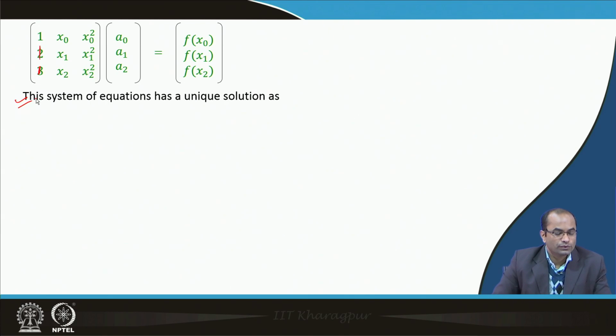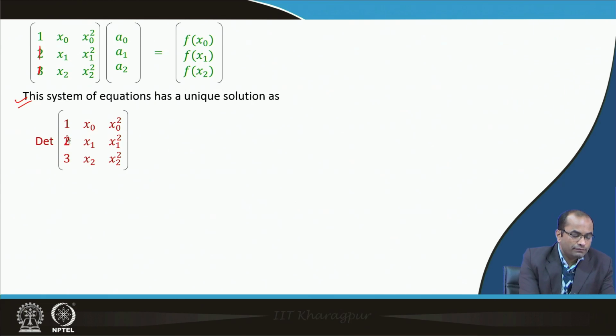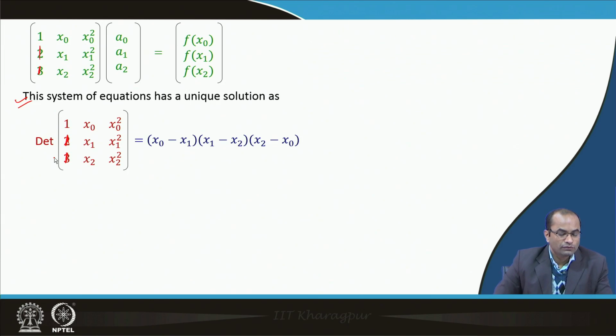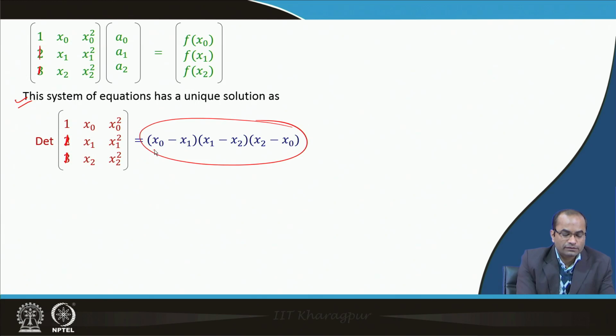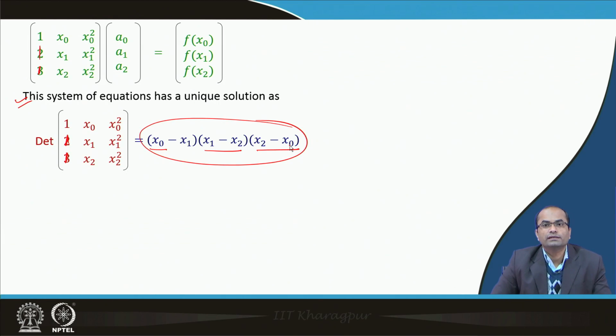So, having this system, what we will analyze now is that this system of equations has a unique solution. This we will show in a minute, and when we compute the determinant of this matrix, we will realize that the value of the determinant is nothing but x naught minus x 1, x 1 minus x 2 and x 2 minus x 0.